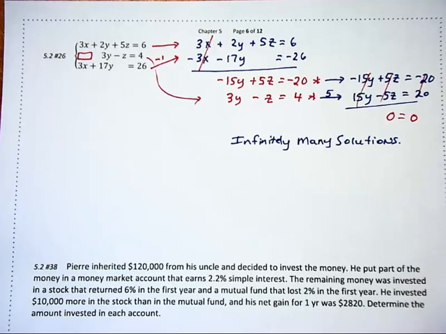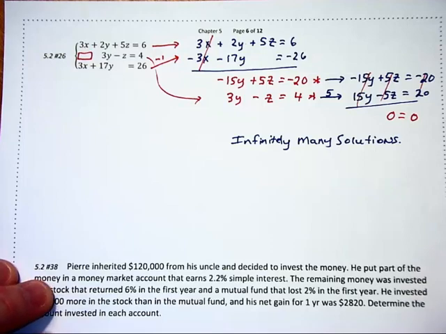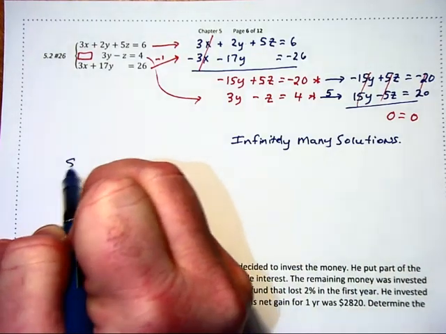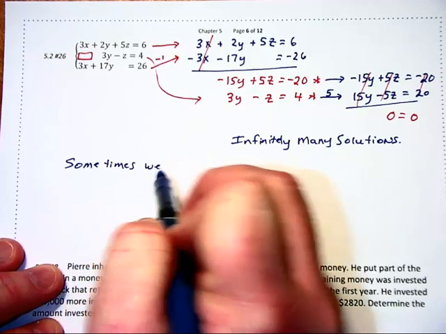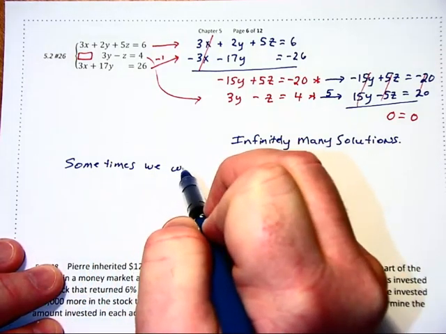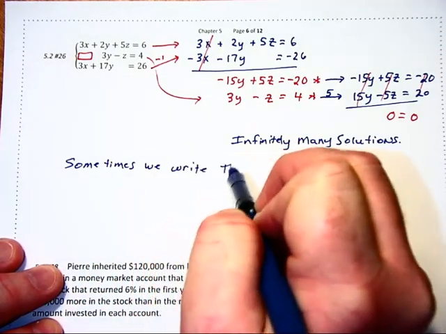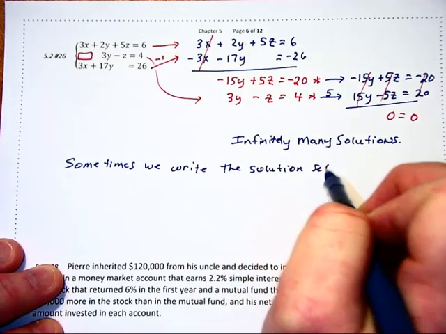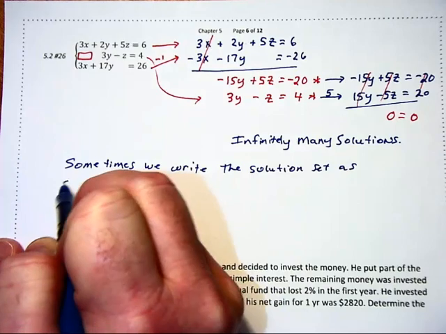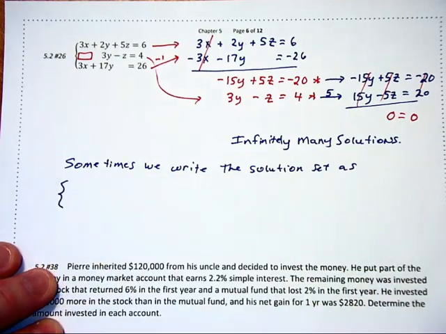We want to go beyond this one step, and I want to show you another way to write this. Sometimes we write the solution set as, and we're going to start some set builder notation here.